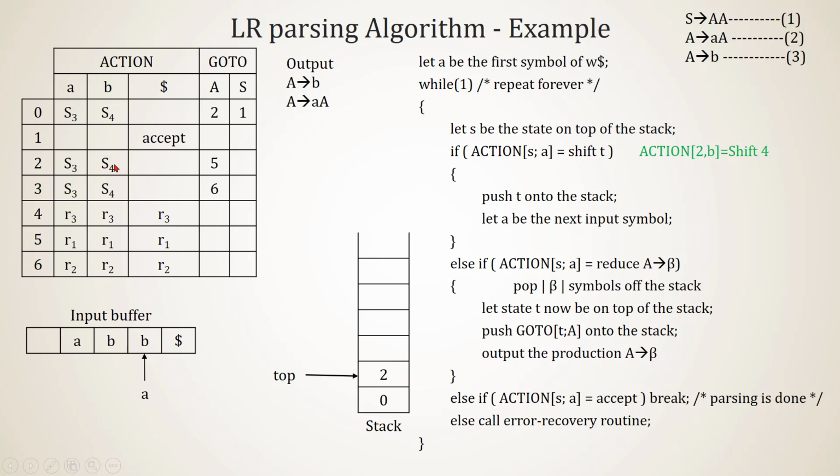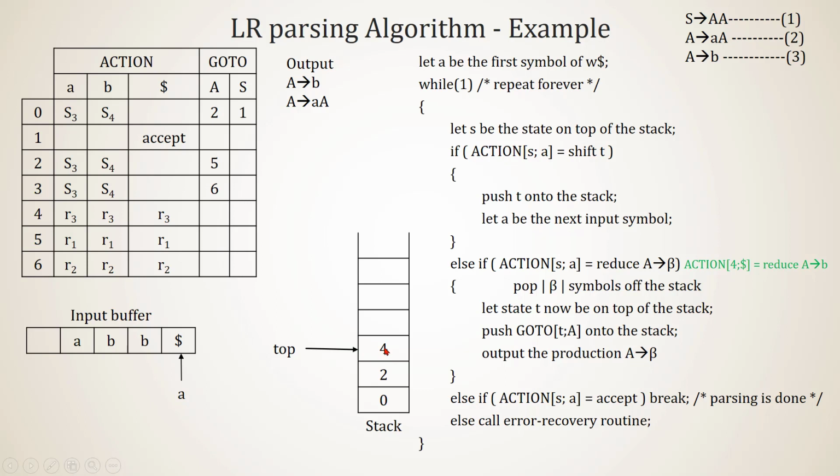So S4 means shift to 4. Shift to T, T is 4. So 4 is pushed to the stack, and let a be the next input symbol. a is moving towards the next input symbol, that is $. These conditions will be false. Again the while loop is executed because it is an infinite loop.